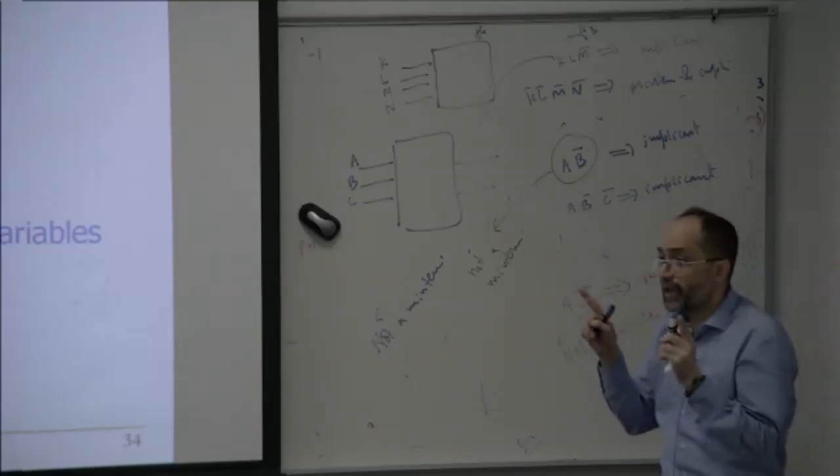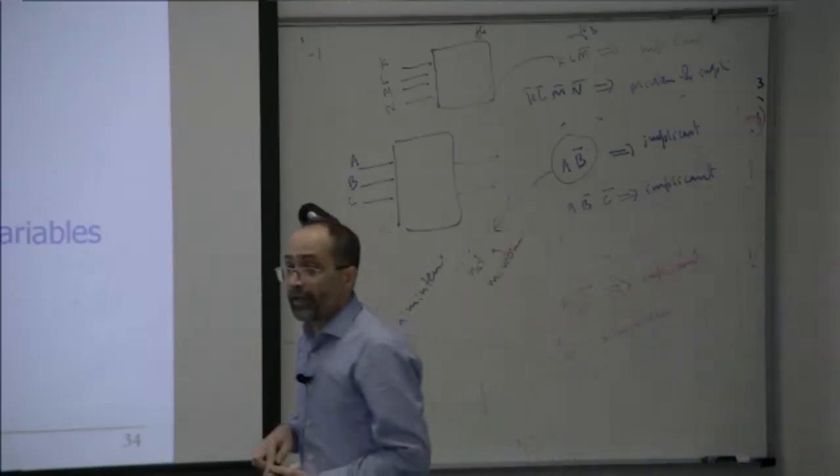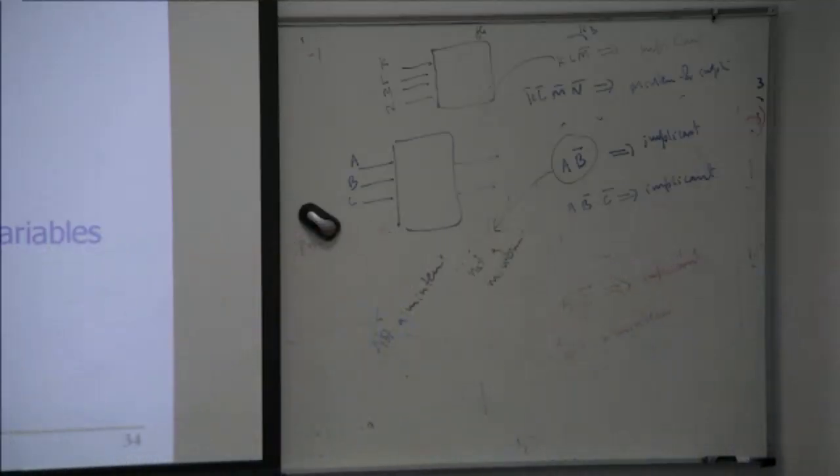So now there is a difference between implicant and min term. If we have a function of 5 variables, the min term will require 5 literals.